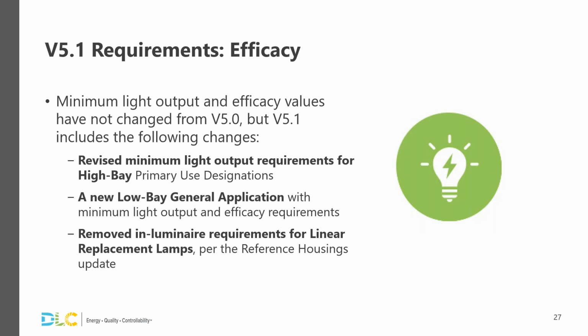And this is really to make room for a new low bay general application with new minimum light output and efficacy requirements. And finally, we'll get into this a bit later, but we've removed the in luminaire requirements for linear replacement lamps per the reference housings update. Again, we're going to cover this a bit later in more detail.